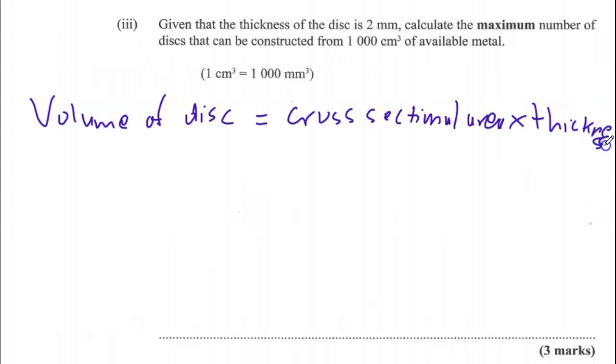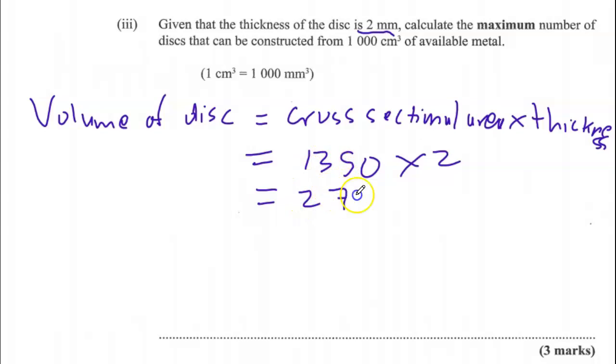The cross-section was 1350 and the disk is 2 millimeters, so 1350 times 2 is 2700 millimeter cube, the volume of the disk.